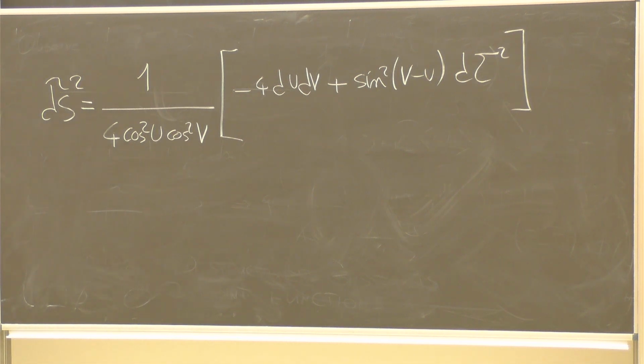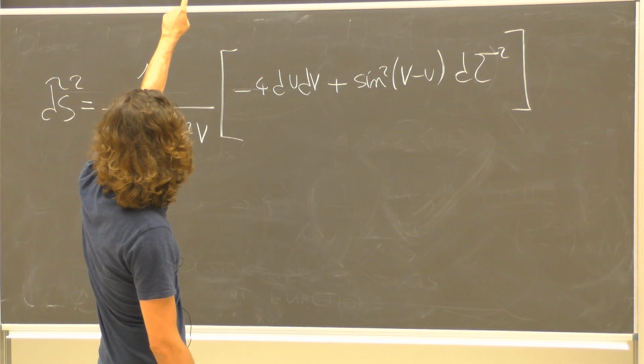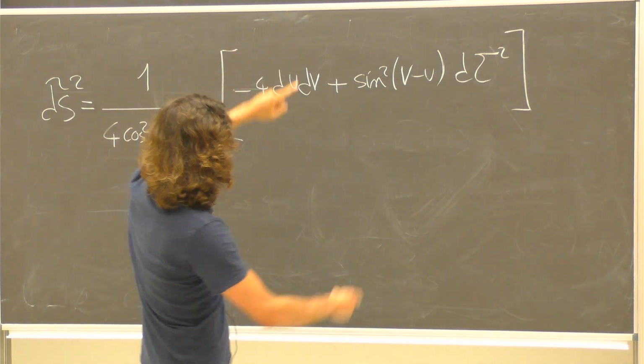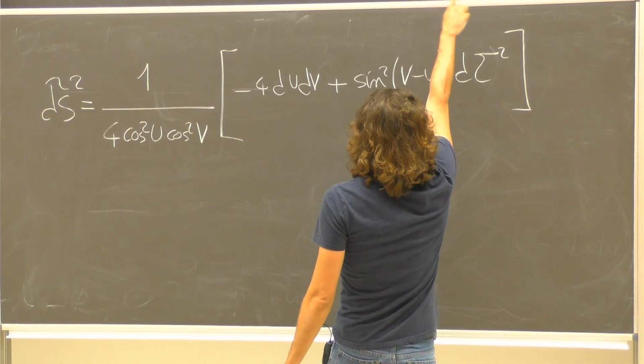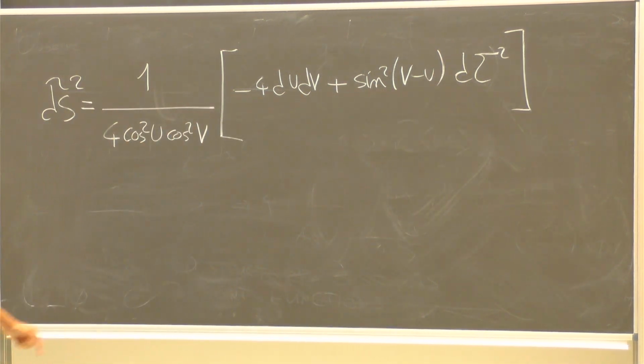such that the Minkowski space together with the boundary added at infinity is compact. The boundary is going to be at infinity, so at r going to infinity, but r going to infinity is also u and v going to infinity. So this is going to have something to do with big U and v going to minus pi over 2 or pi over 2.